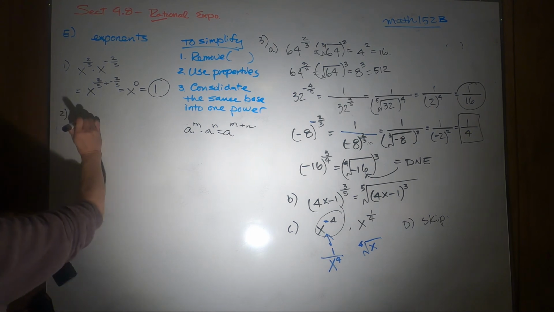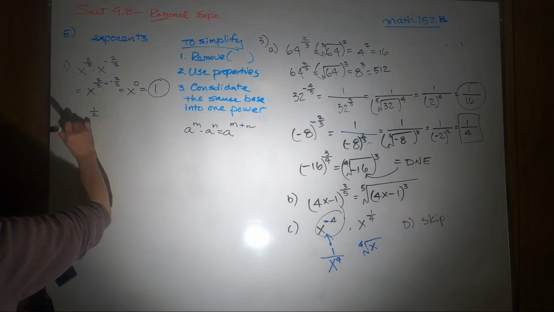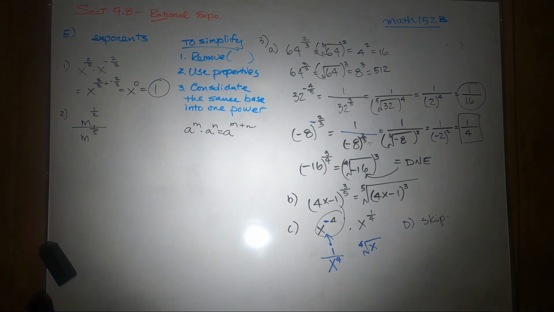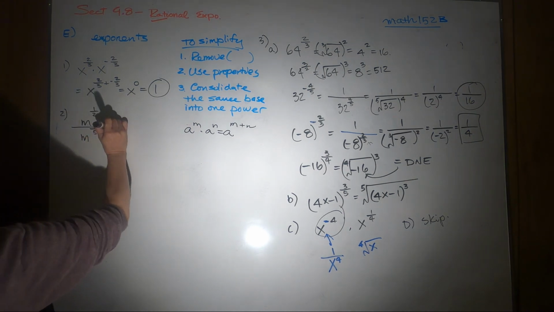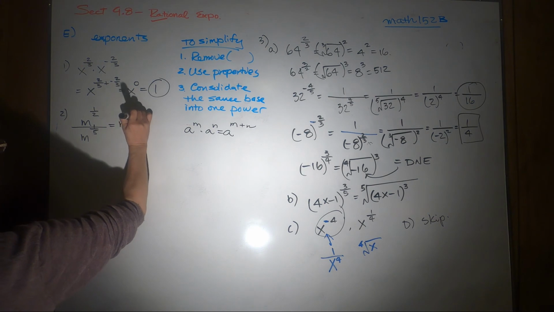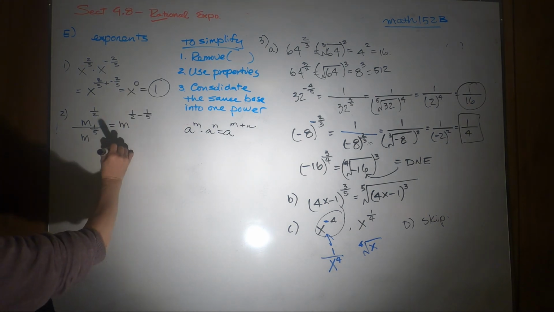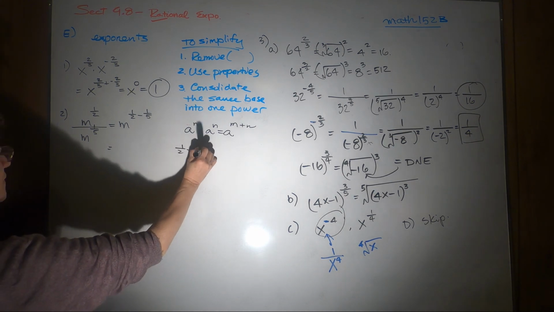If you have m to the 1/2 over m to the 1/5, it's a division, so we use the quotient property: 1/2 minus 1/5. Then what is 1/2 minus 1/5?